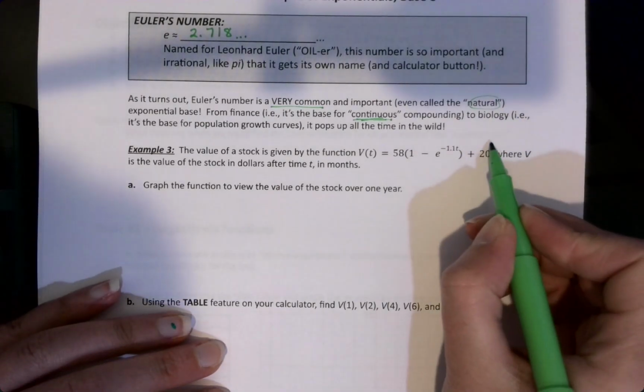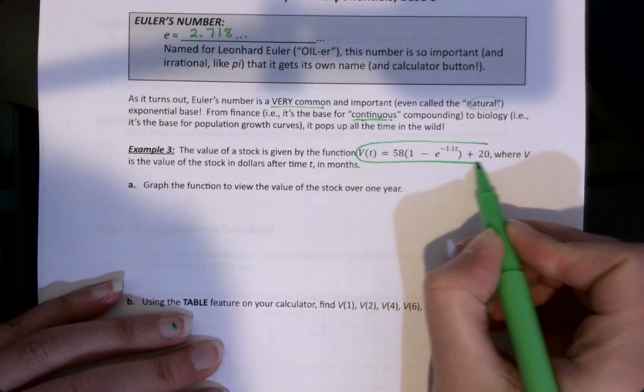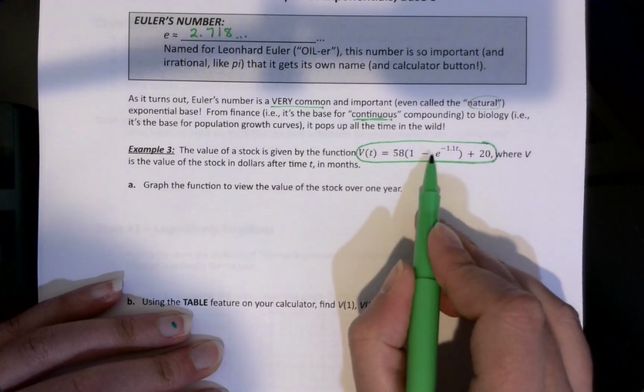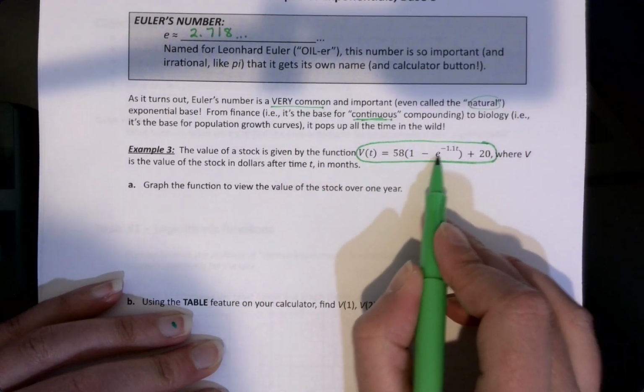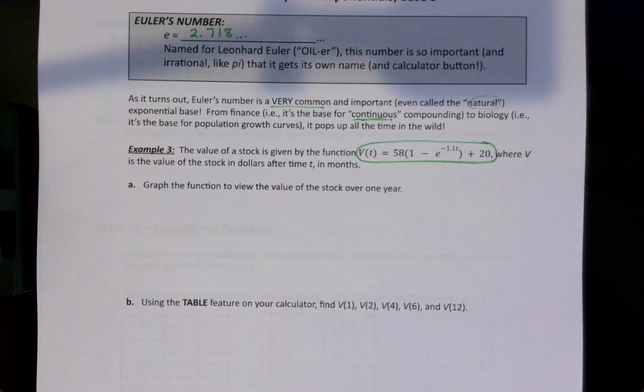There's a function here that's given to us for V of t. Notice that e is the base of this exponential function. This gives the value of a stock, where V is the value in dollars at time t in months.